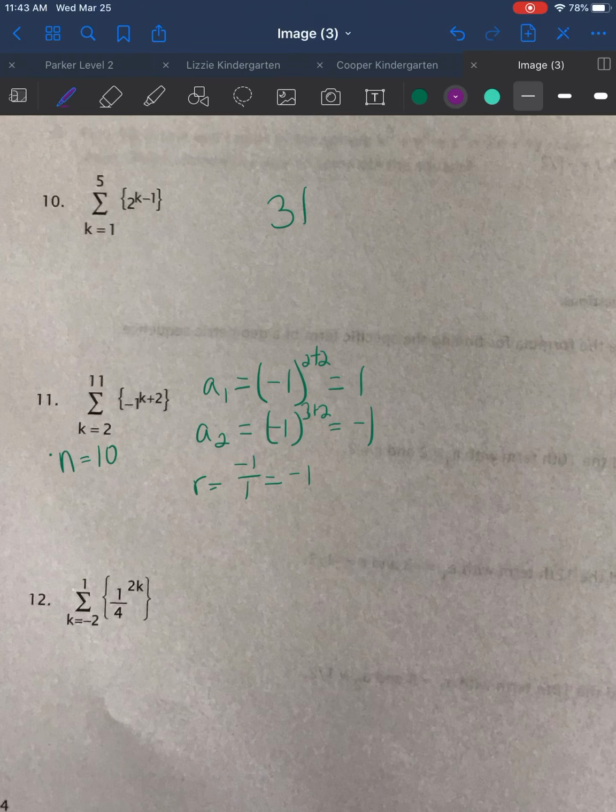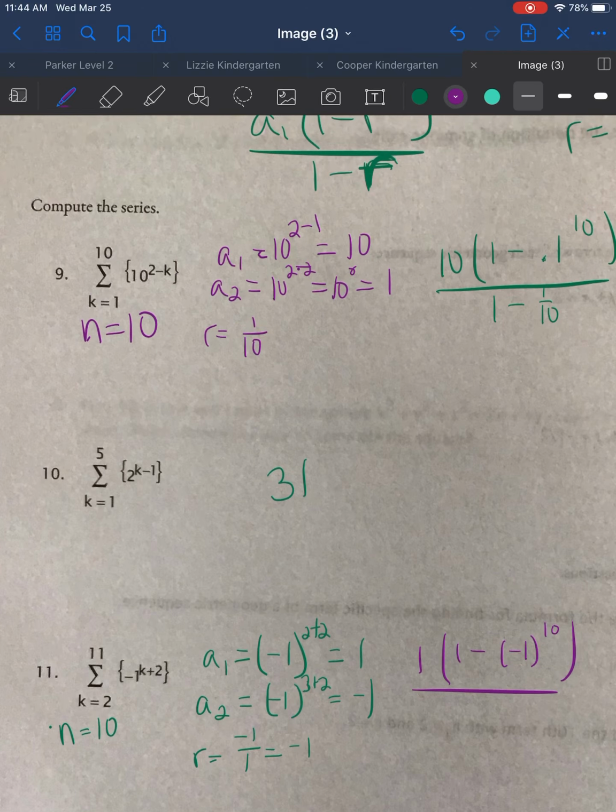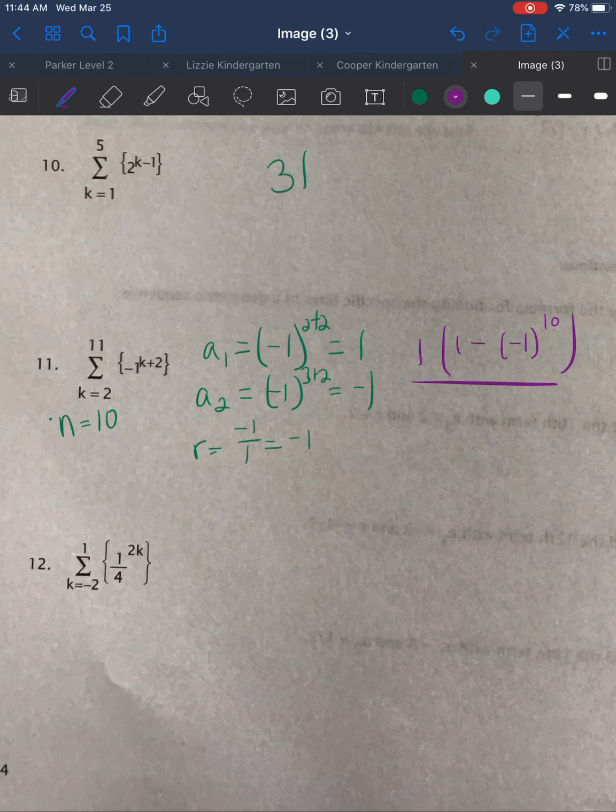Okay, now we're ready to plug it into the good old formula. Our formula tells us to do a sub 1, which is 1, times 1 minus r to the n. Our r is negative 1 to the n power, which is 10, all over 1 minus r, which is negative 1.